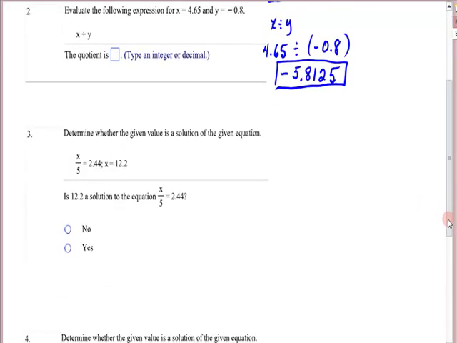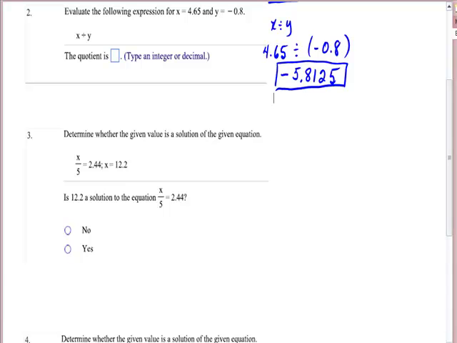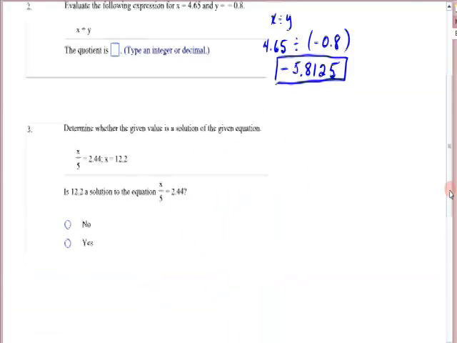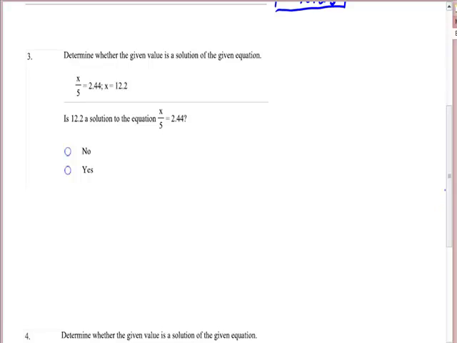All right, on problem number 3, and we've done this before as well, it wants to know if a particular value for x is a solution. All right, here's my equation. X over 5 is equal to 2.44. Question, if x is 12.2, is it a solution? Well, let's see.